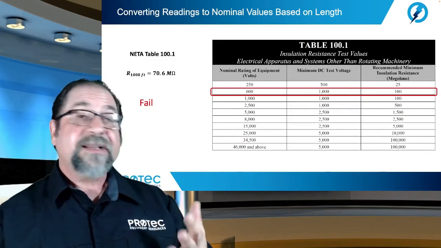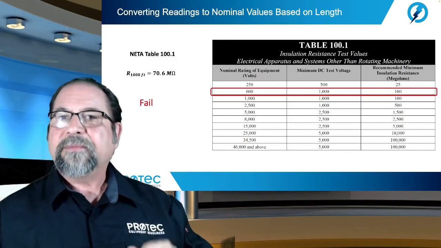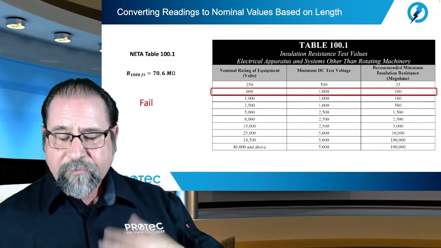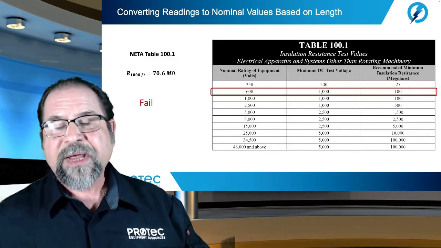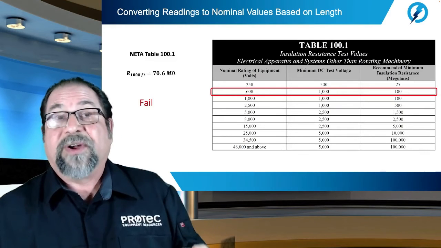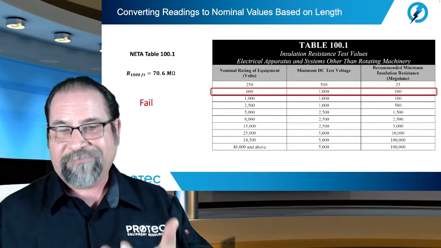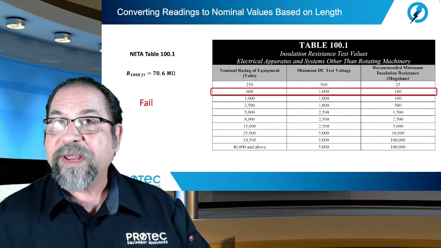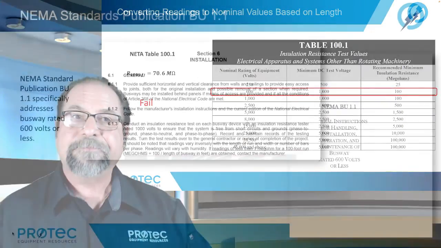And here we see length definitely would have mattered. In the shorter example, we see that this would actually have been a failure, even though the initial megometer reading of 470 looked very, very good. Once we corrected it to a nominal 1,000 foot length, in reality, we did not pass the recommended value in the NETA table.